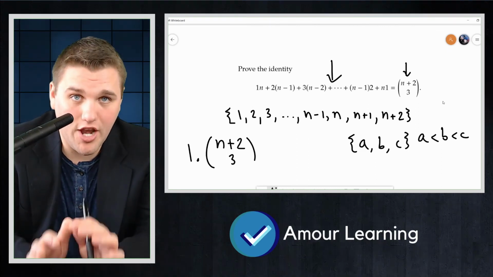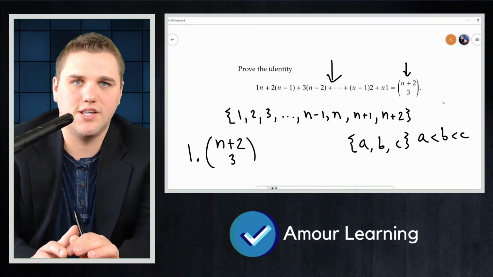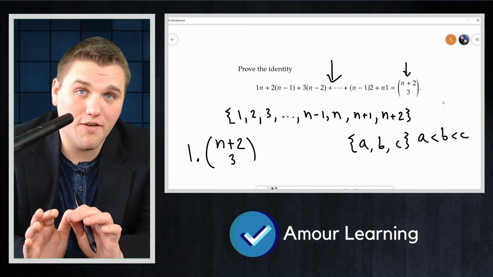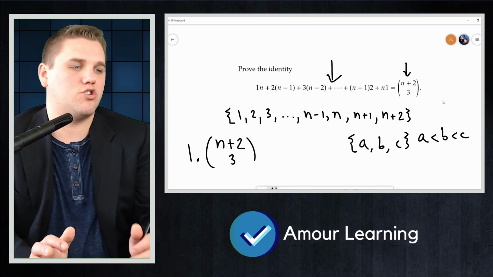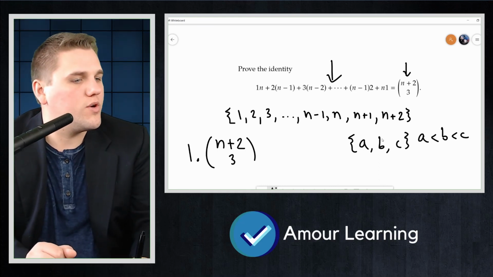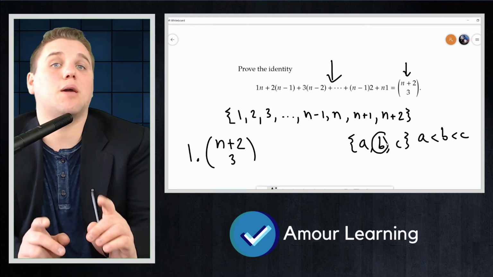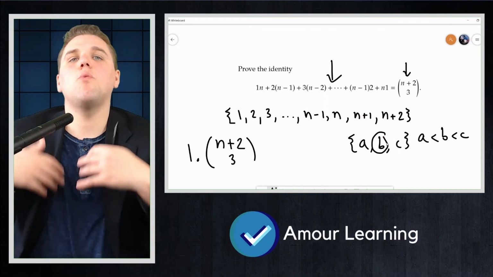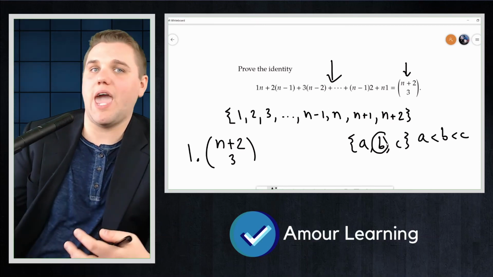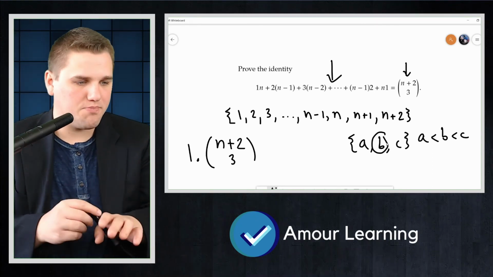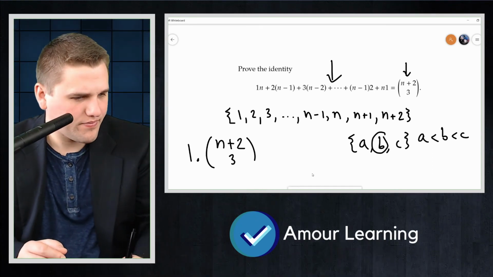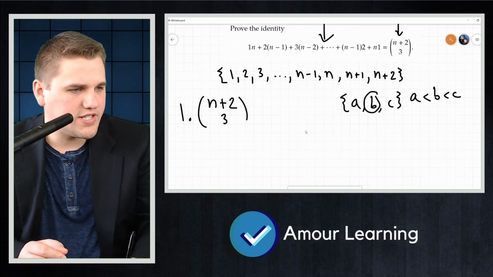We're going to count the number of 3-element subsets in a very long fashion. This is going to be a little strange as an approach. We're first going to pick B, and then find how many different ways we can pick A and how many different ways we can pick C. So first, let's pick B. What does that look like?